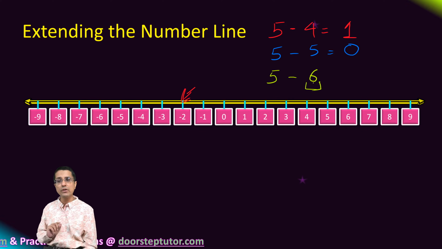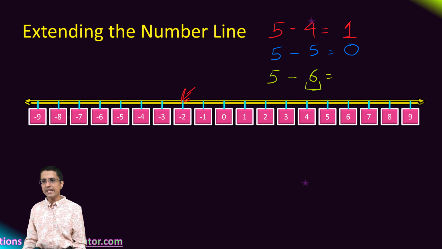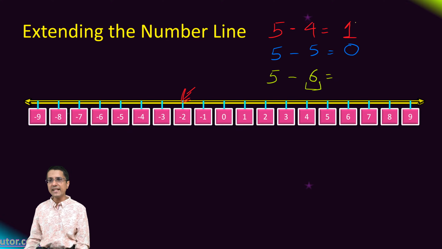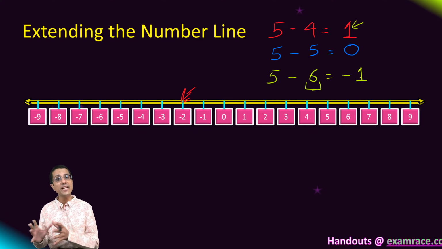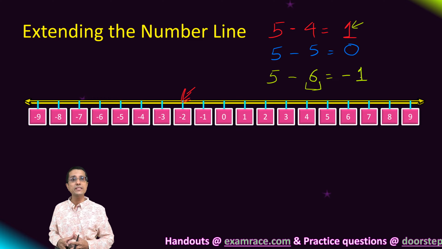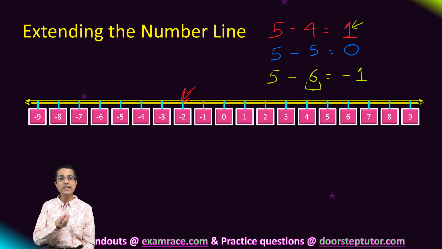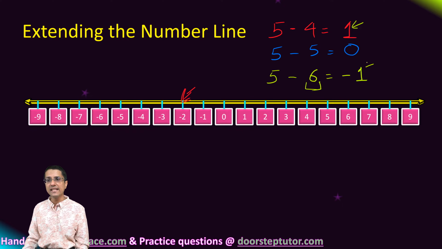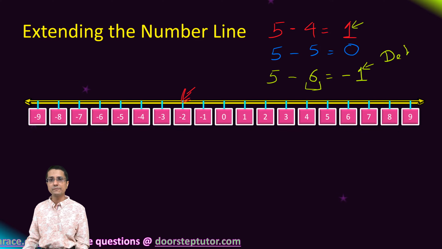They allow you to withdraw 6 rupees. But they say that your bank balance in that case is not 1, but minus 1. So it becomes negative. Negative means that instead of the bank owing you 1 rupee, you really owe the bank 1 rupee. That's what this negative one says. It is your debt.